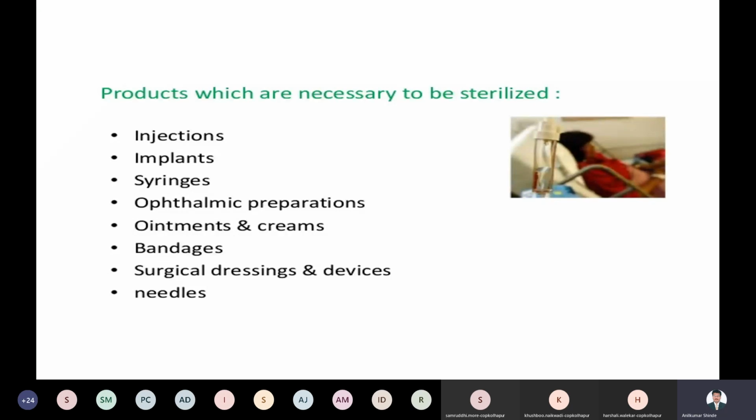And you can just instill that ointment into your eye cavities to relieve the condition of the eye. So the ointment should be free from bacteria. That's why it will be sterilized with the help of autoclaving. You can use autoclaving, you can use gamma radiations, or different sterilizing methods can be used to remove the bacteria from that particular formulation. Ointments are there, creams are there, understand it.